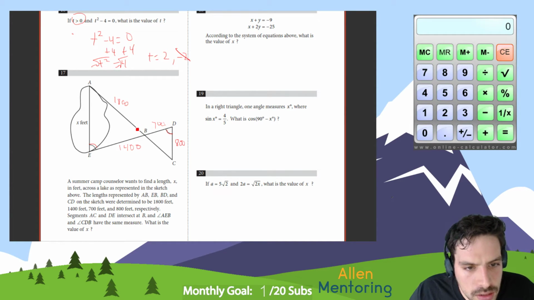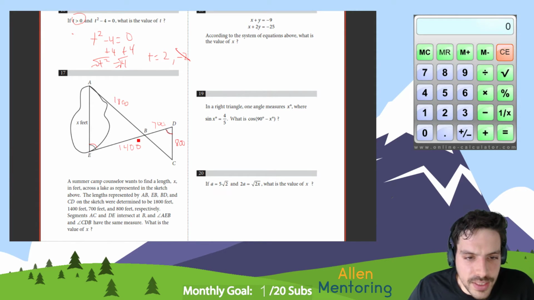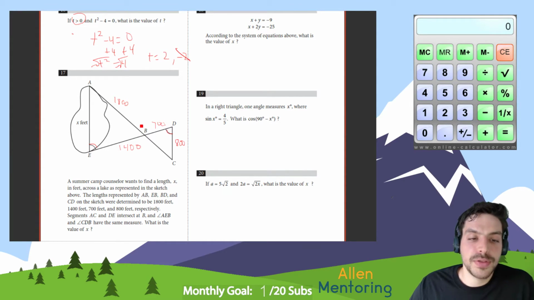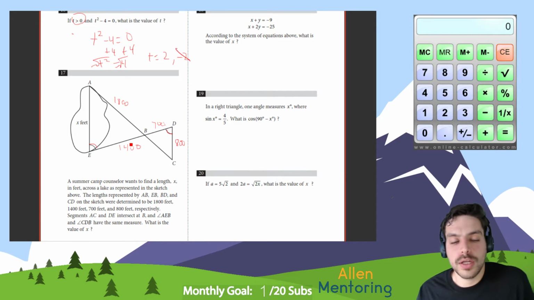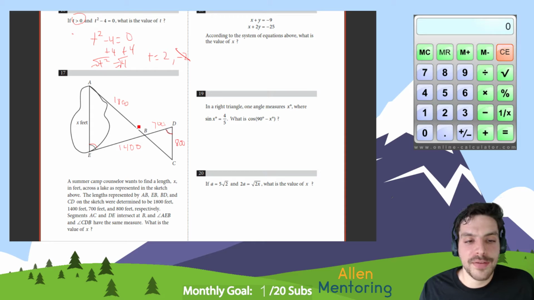So it's pretty good here. What we're dealing with in this case are similar triangles. How do we know these are similar triangles? To test for similarity, all you have to know is that the triangles have all three angles the same measure.